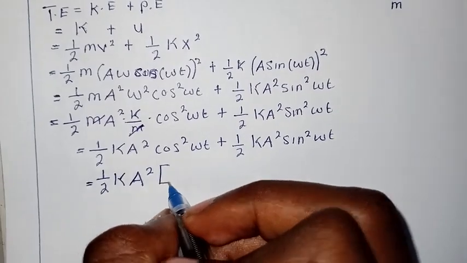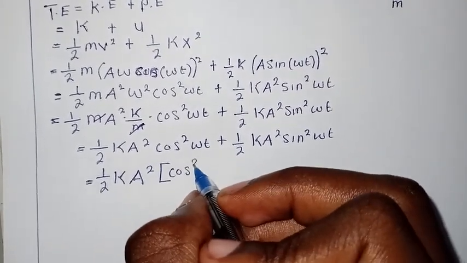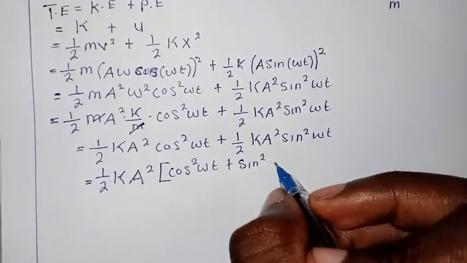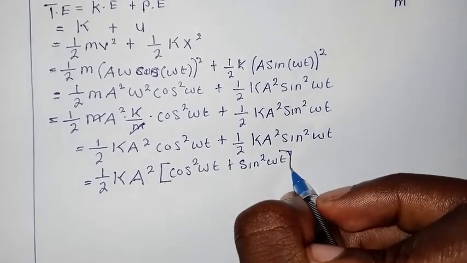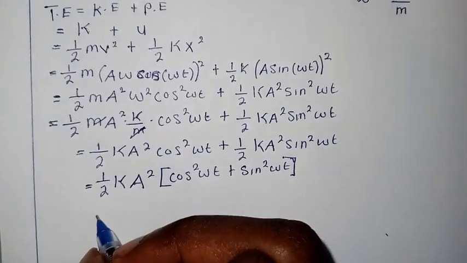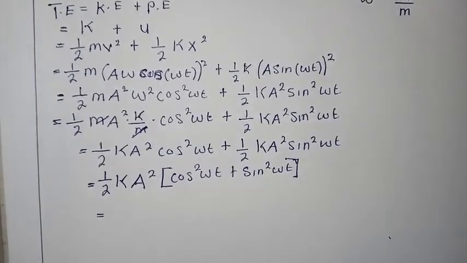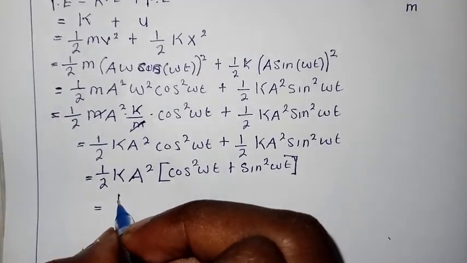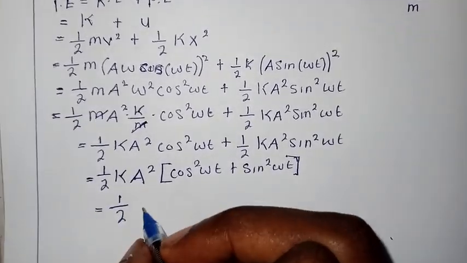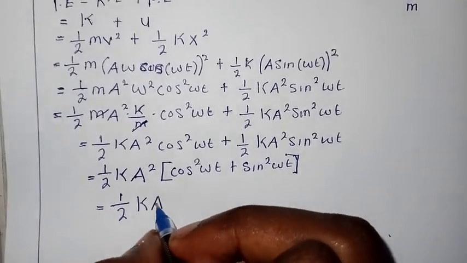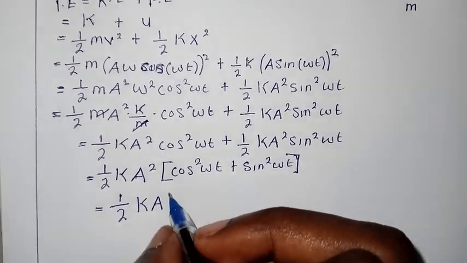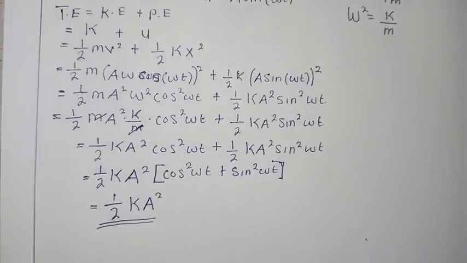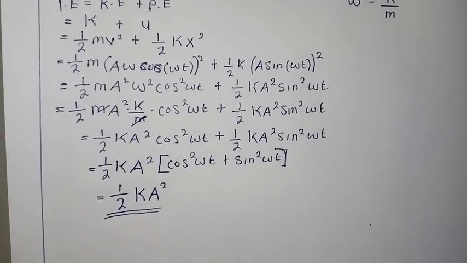Then we're going to remain with cosine squared wt plus sine squared wt. Now notice that this is a trig identity and it is equivalent to 1. Therefore, total energy is given by the formula 1 over 2 spring constant K A to the power 2. So this is how you derive this formula.